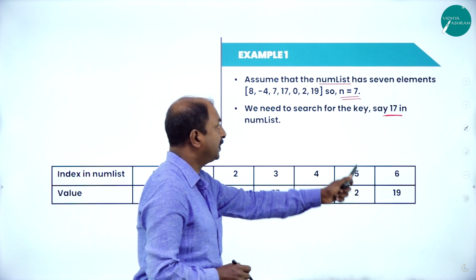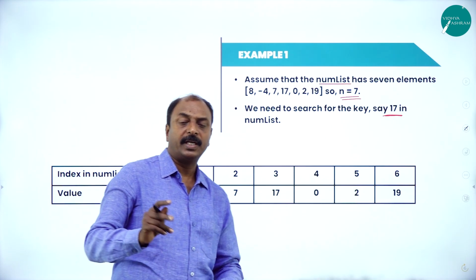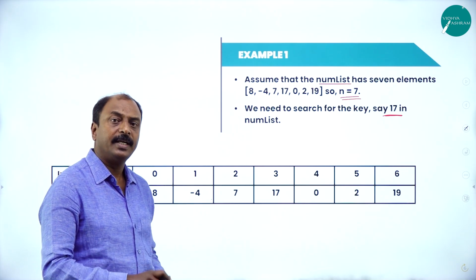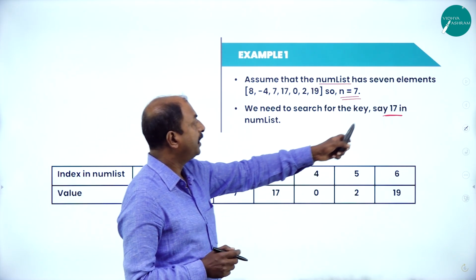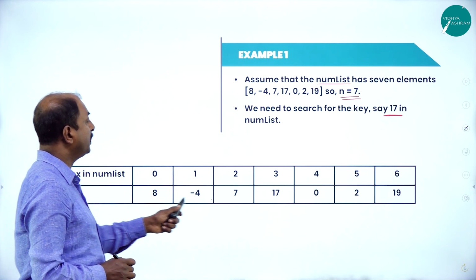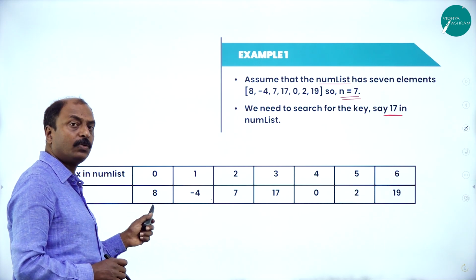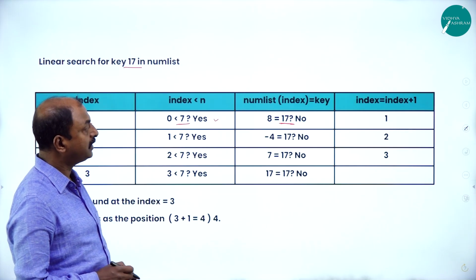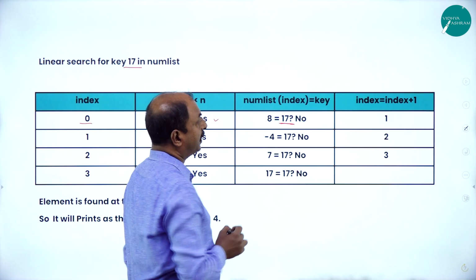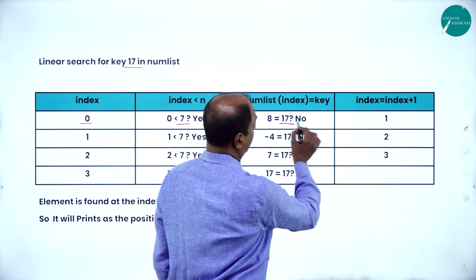If 17 matches any of the elements, then we make a note of the index and its position. So first, 8 is compared with 17, the key value, and it is not equal.